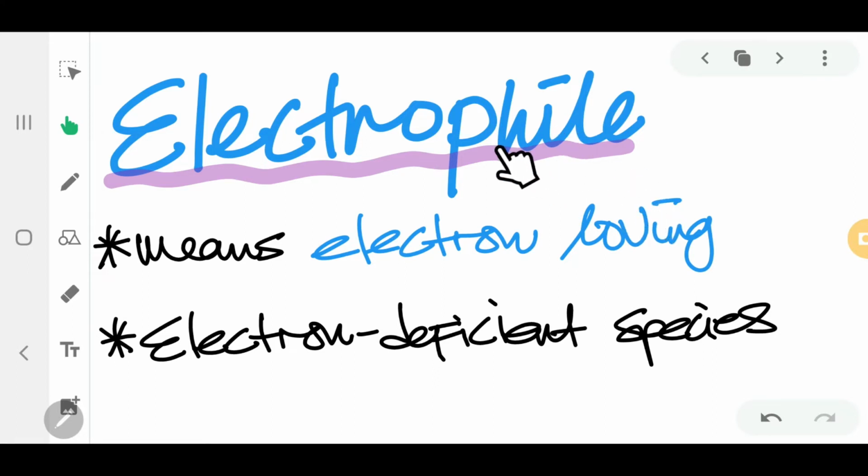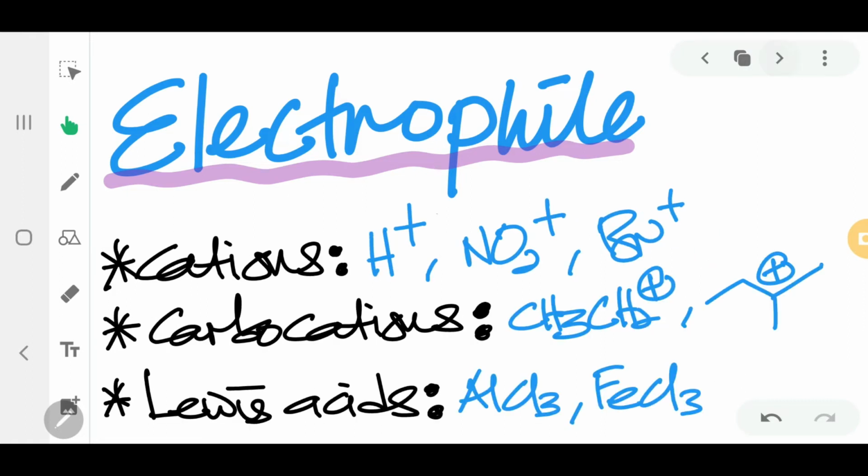So an electrophile is an electron-loving species, and thus they are electron-deficient species. Examples of electrophiles are cations such as H+, NO2+, and Br+, basically things that do not have electron-rich sites. They need electrons. That's why the name electrophile.